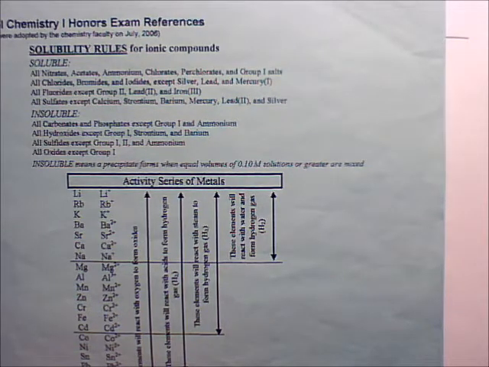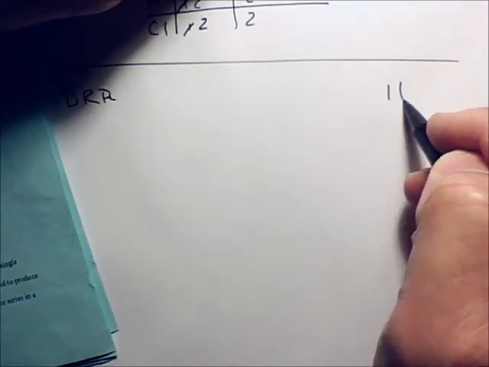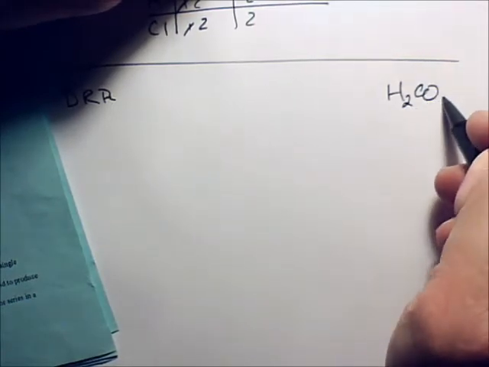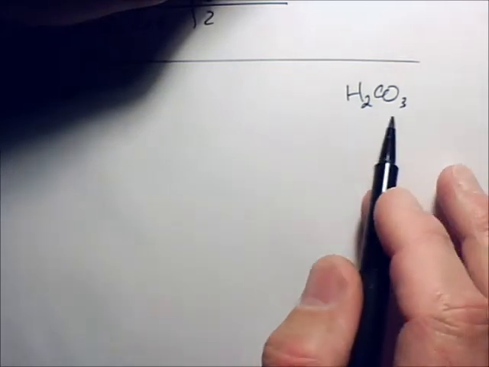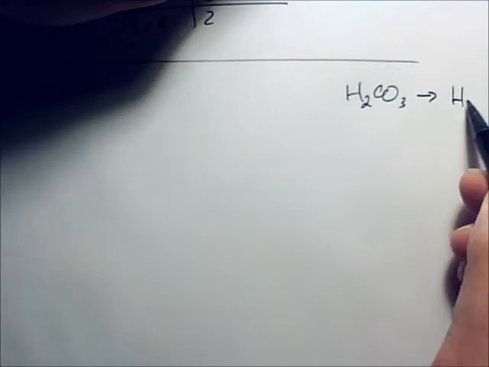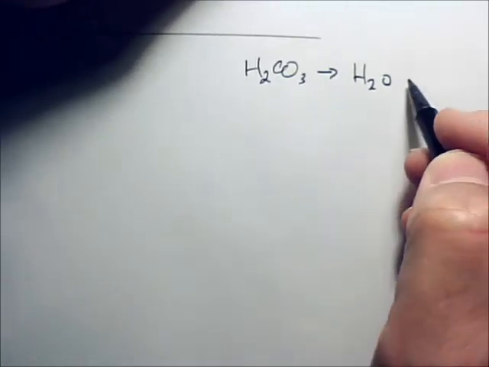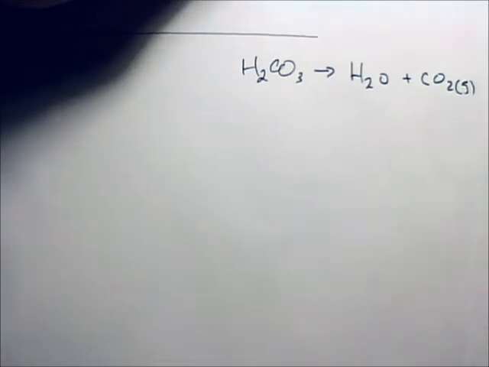About the only case where we would have the formation of a gas is the one we talked about yesterday, where we form carbonic acid. Okay? If one of the products is carbonic acid, well, that automatically breaks down into H2O and CO2, and CO2 is going to be a gas.